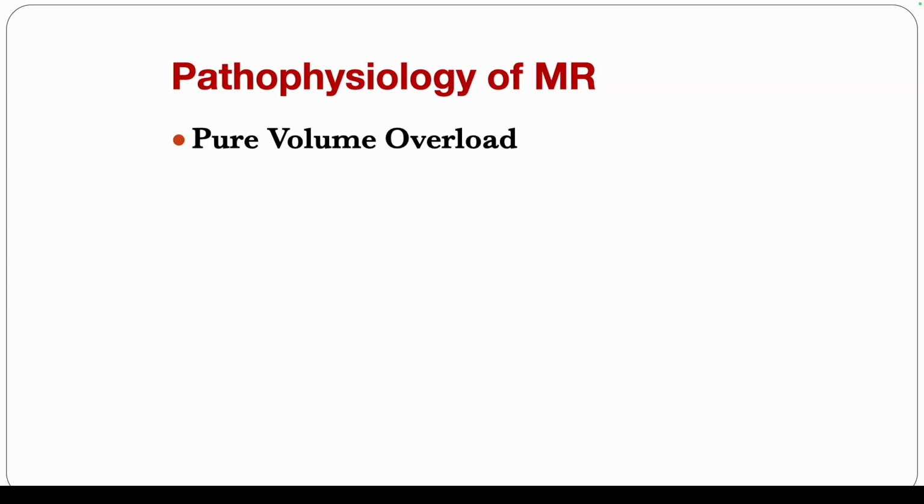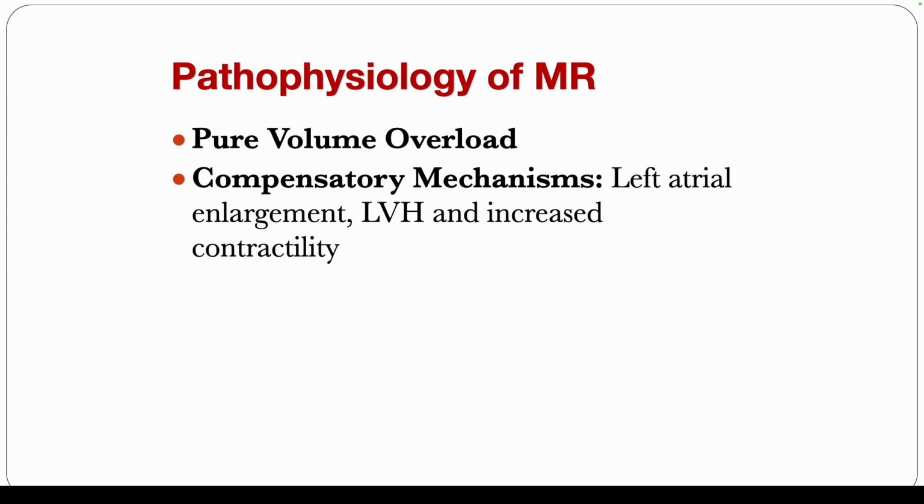Now what happens in MR? It's a pure volume overload situation. There is regurgitation, LA enlargement, LV hypertrophy, and increased contractility. These are the consequences of mitral regurgitation. During systole, the blood from the left ventricle goes into the left atrium.